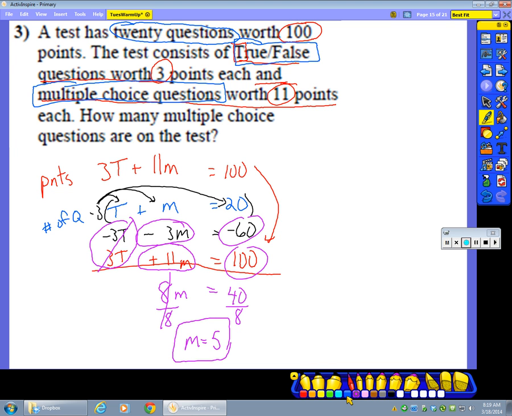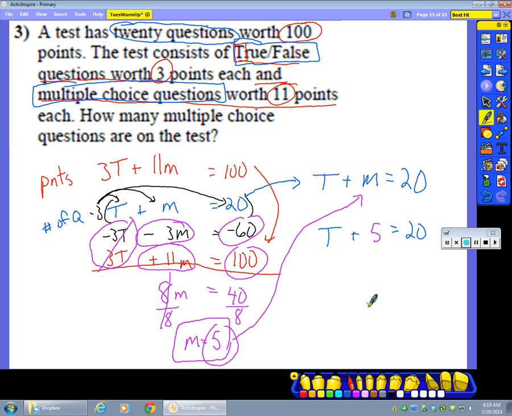So what I'm going to do is use the second equation. It doesn't matter which one. So t plus m equals 20, and I'm going to substitute m equals 5 into m. Whenever I do that, my equation is going to look like this: t plus 5 equals 20.